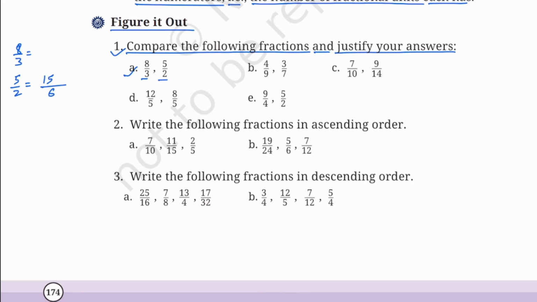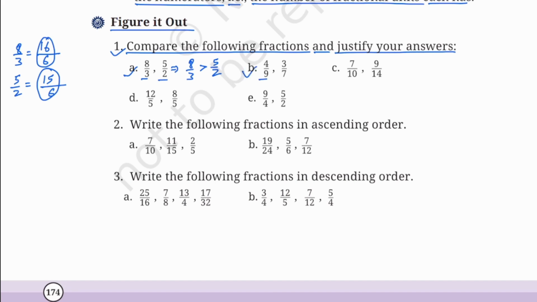You will get 15 upon 6. Similarly, 6 here in the denominator is double of 3. Then double of 8 is 16. So 16 upon 6 is more than 15 upon 6. So you can say 8 upon 3 is greater than 5 upon 2.